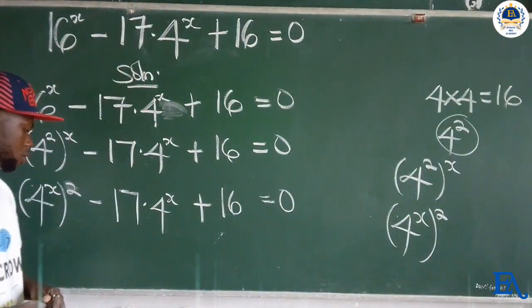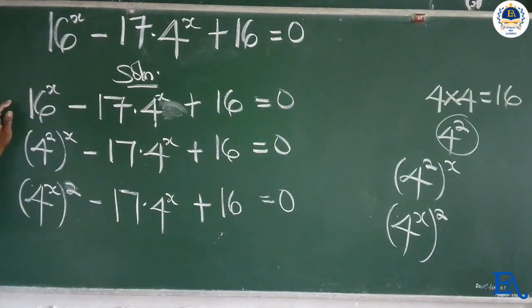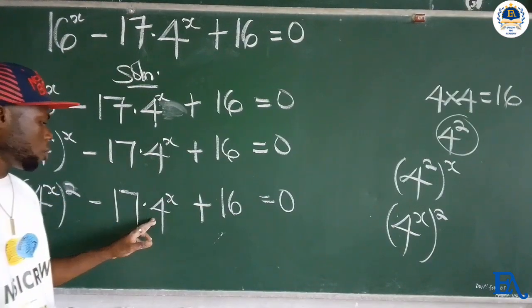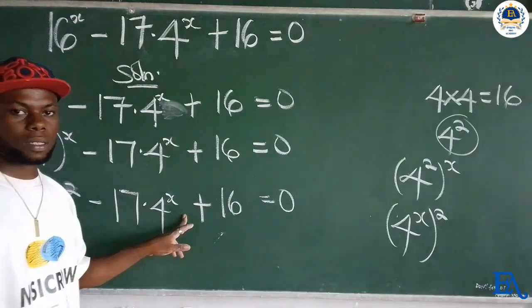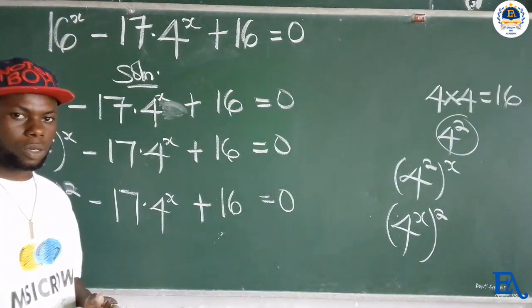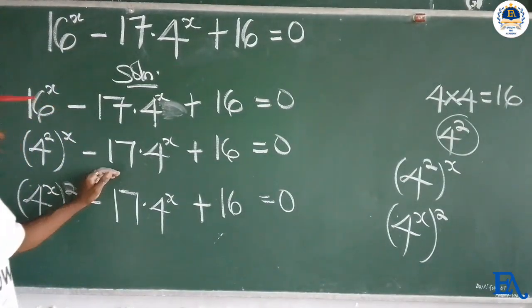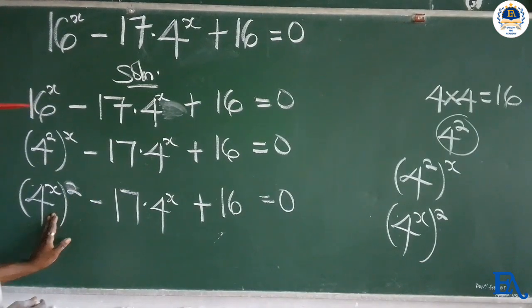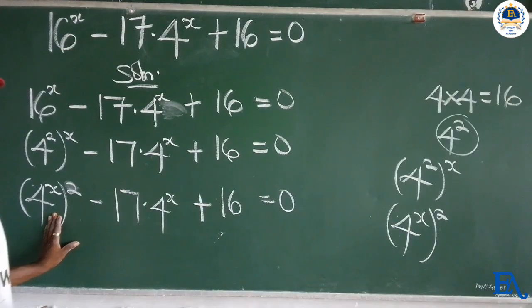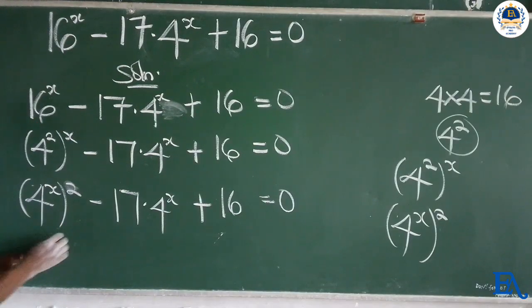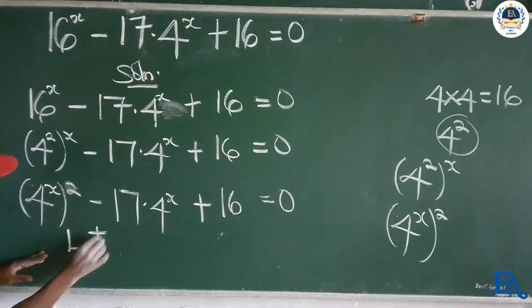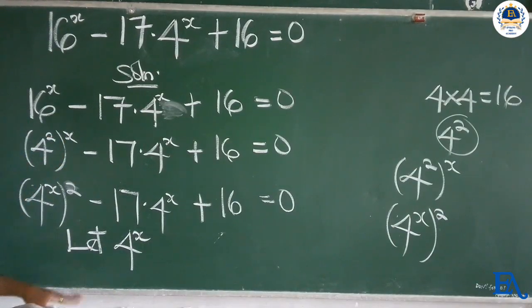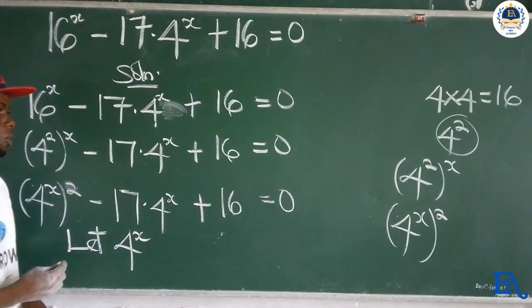From this stage, we have to substitute a letter in place of 4 raised to the power of x. That will make the equation look a little bit beautiful. What do I mean by beautiful? It will make this equation a little bit simpler. So let 4 raised to the power of x represent a particular letter.